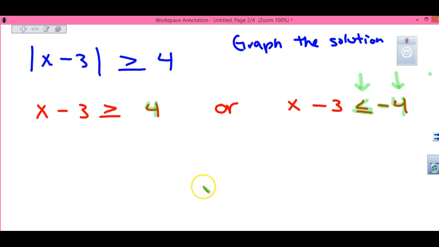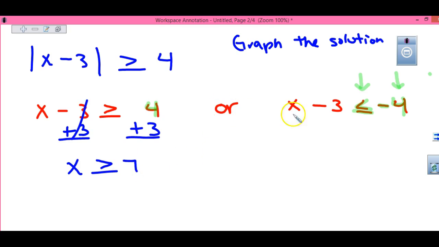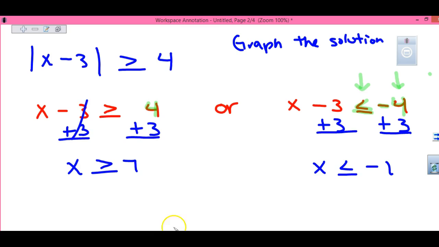Are we okay so far? We can work out each of these. So plus 3, x is greater than or equal to 7, or x is less than or equal to negative 1.